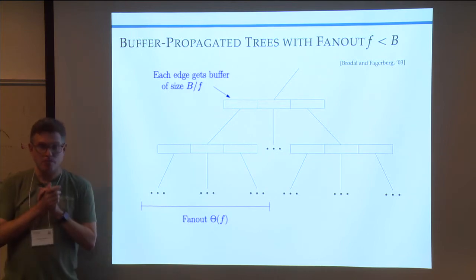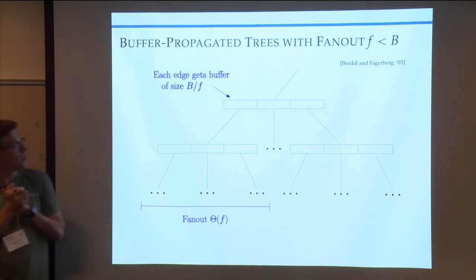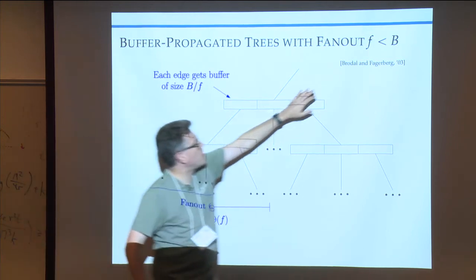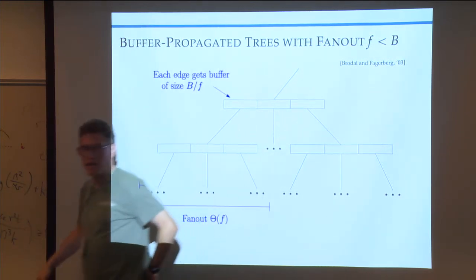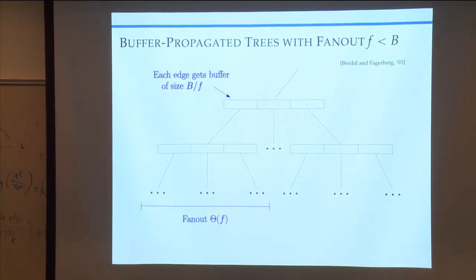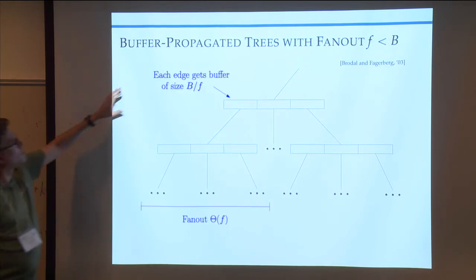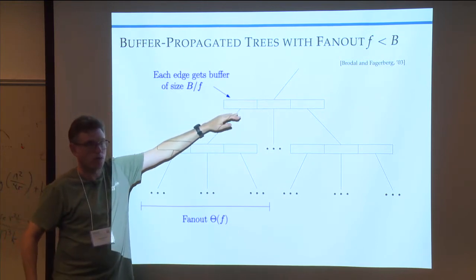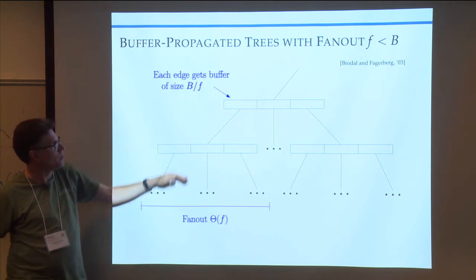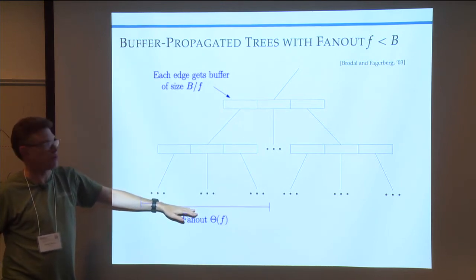This is based on a technique that appears in a bunch of places, notably Brodal and Fagerberg, where you do something B-tree-like, but you add buffers to the data structure. We have the same tree structure as before.